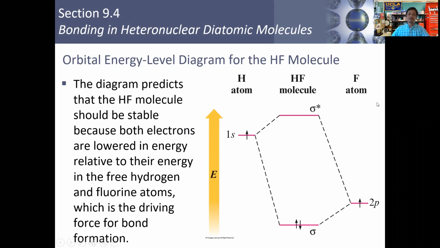If you take a look at hydrogen fluoride, the 1s orbital of the hydrogen atom is slightly higher in energy than the 2p orbitals of fluorine. Fluorine has a 2p electron that it will use to bond with the hydrogen atom, so the energy differences have to be accounted for. The bond does form, and the sigma and sigma star bonding and antibonding molecular orbitals will be slightly different in energy than if two fluorines or two hydrogens were bonded together.